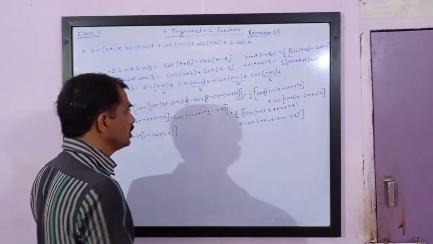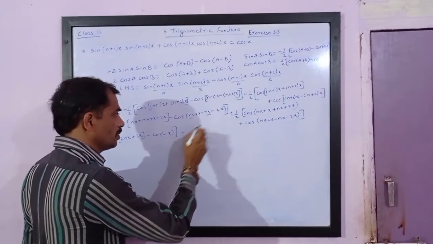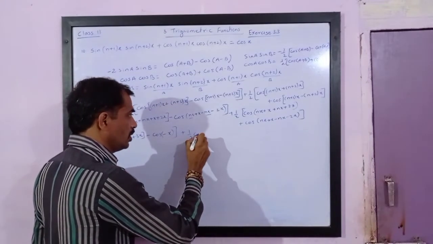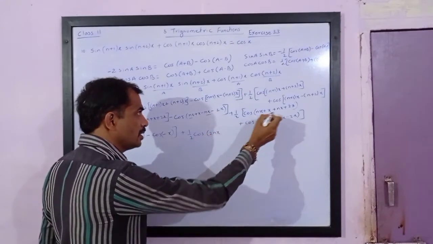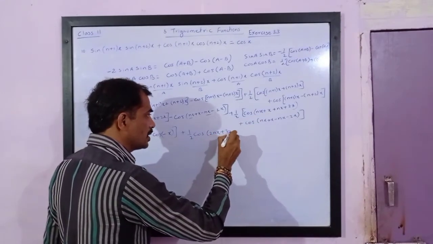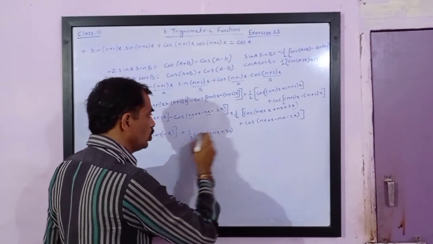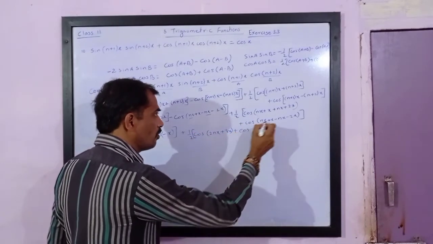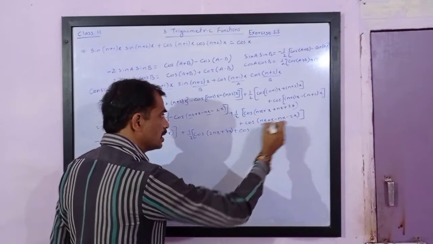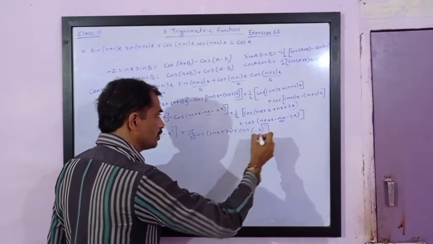And here you will get plus half cos of (2nx plus 3x) plus cos of nx minus nx, you will get minus x.